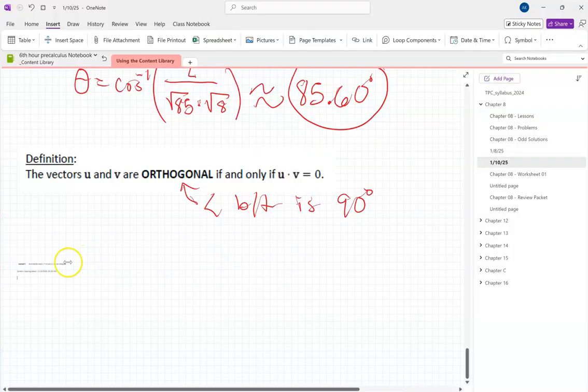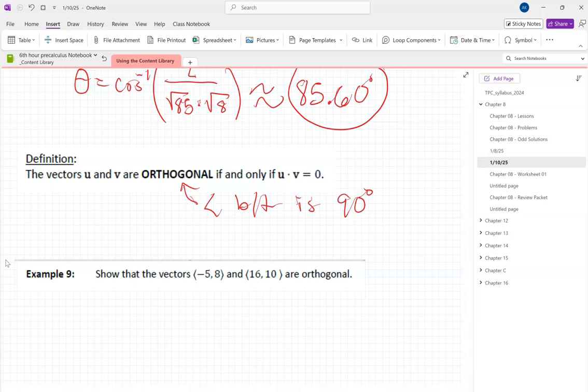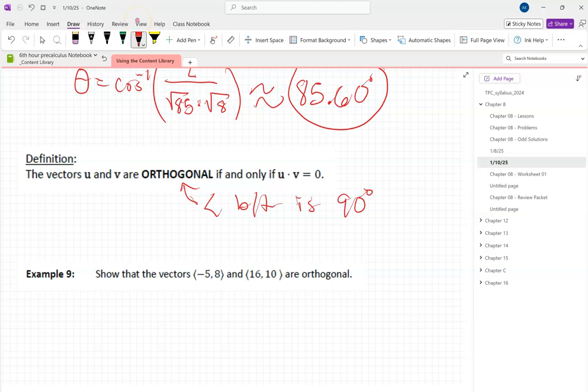So if you're asked to show if two vectors are orthogonal, you could do the process that we just did above to show that the angle between them is 90 degrees, or you can just check their dot product.